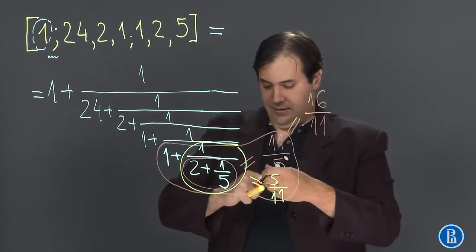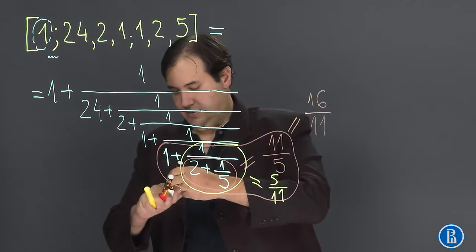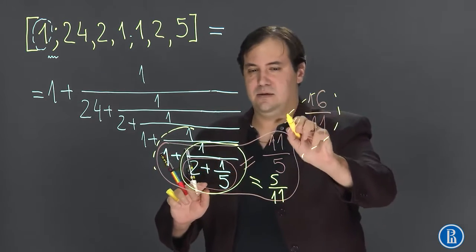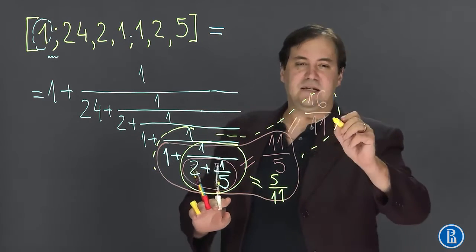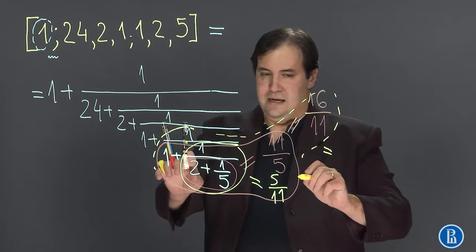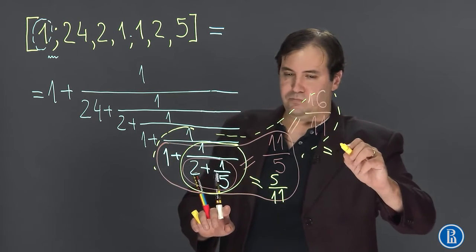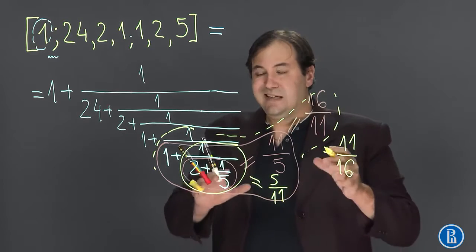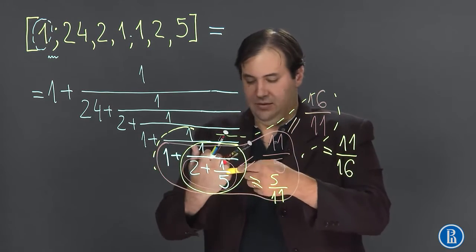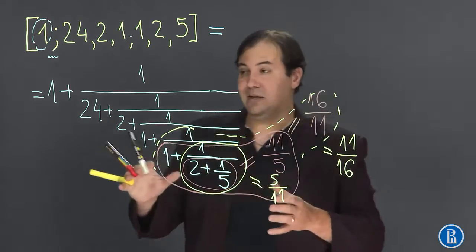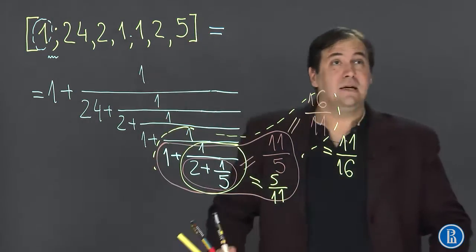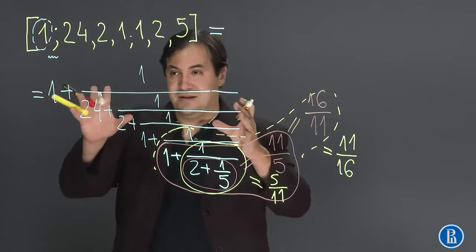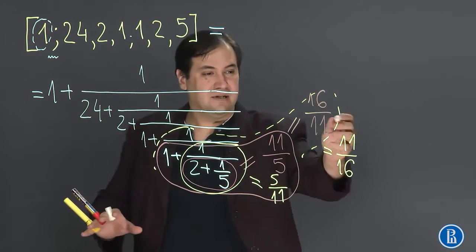And then take 1 over all this and say that it is equal to 11 over 16. And continuing this way, we can calculate the value of this continued fraction, but let's just rewrite the fraction using this conclusion here.